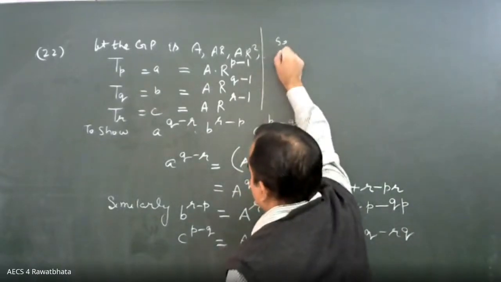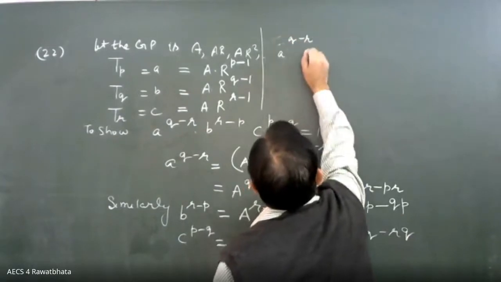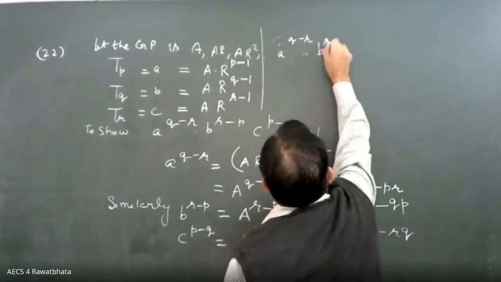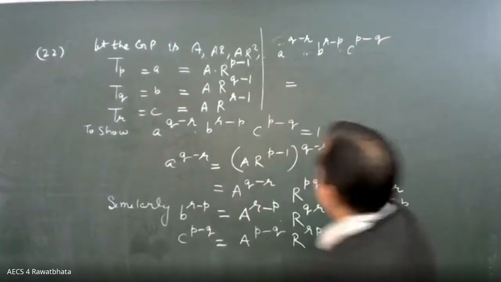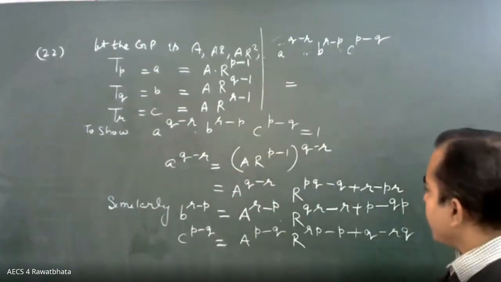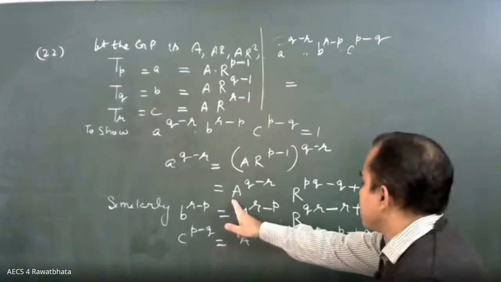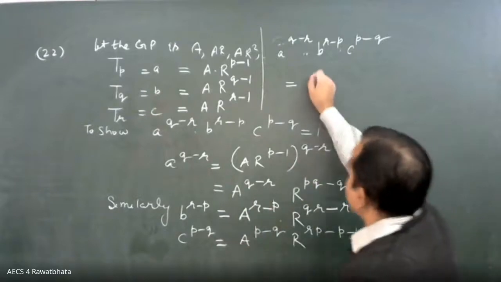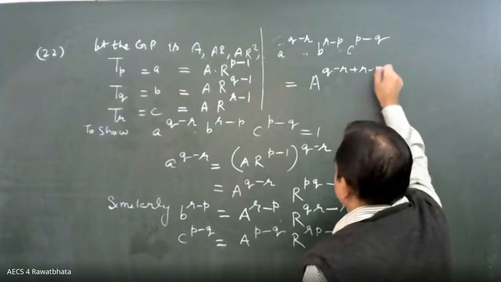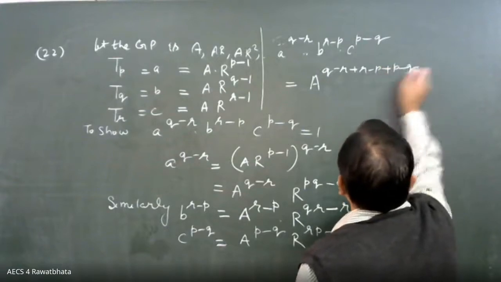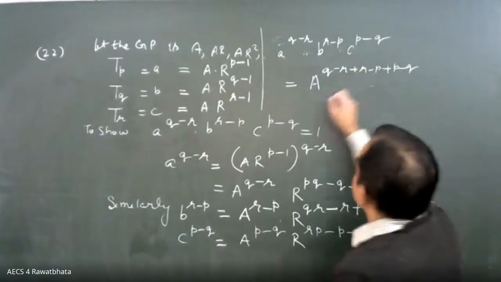So a to power q minus r into b to power r minus p into c to power p minus q equals to, and let me simplify, write directly. These things you will multiply, then these bases are same, so their powers will get added. So q minus r plus r minus p plus p minus q into R raised to power, these powers also will get added.